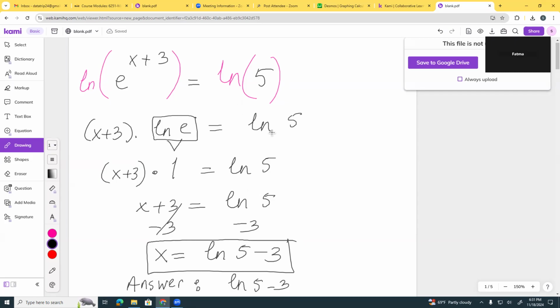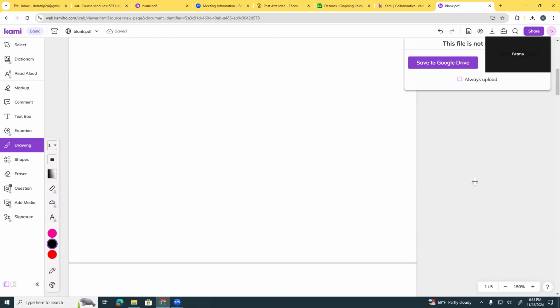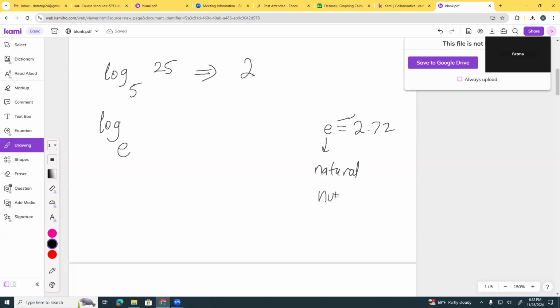Okay, so look, when we have log base 5 of 25, this means what power do you need to go from 5 to 25? That is 2. So if the base is e, the natural number e is a number like 2.72 in math class. They call this the natural number. And it's a very important number because in the world, many things depend on the natural number.